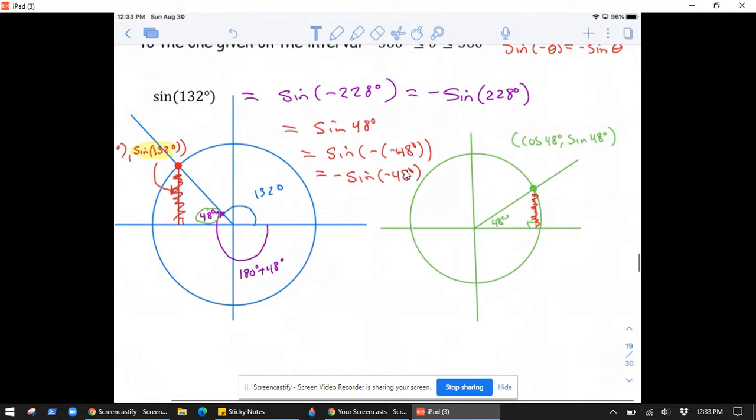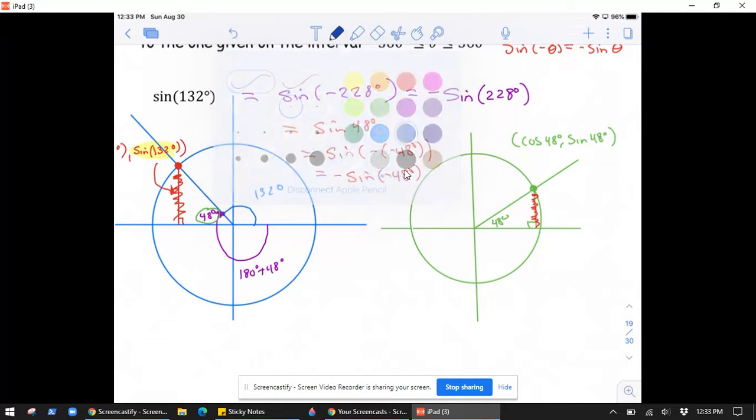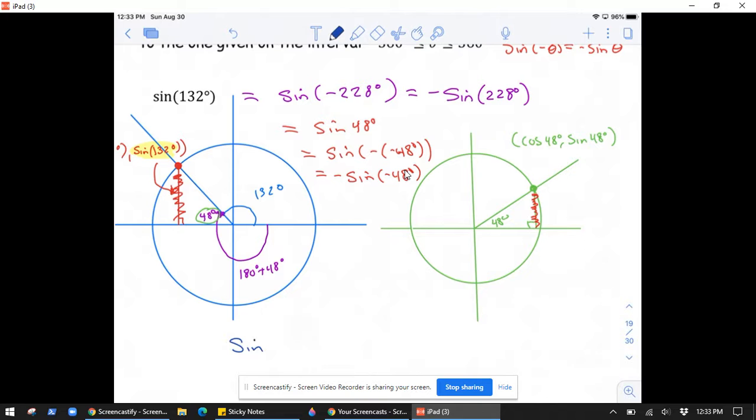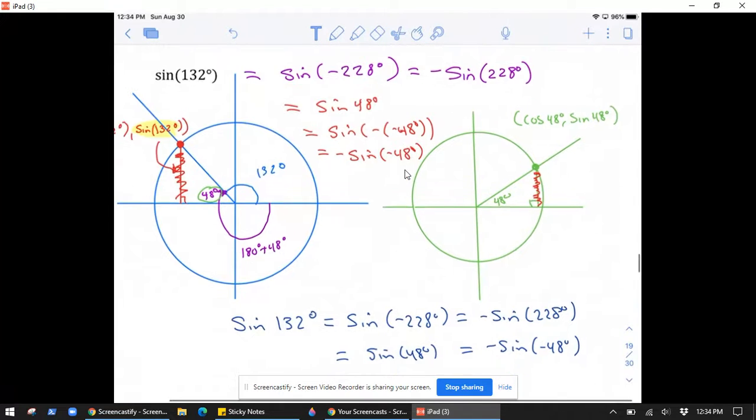So in all, we've done way more than what was asked, but I can say that the sine of 132 degrees is equal to the sine of negative 228 degrees, which equals the negative sine of 228 degrees, which equals the sine of 48 degrees, which equals the negative of the sine of negative 48 degrees. So those are all expressions involving sine.